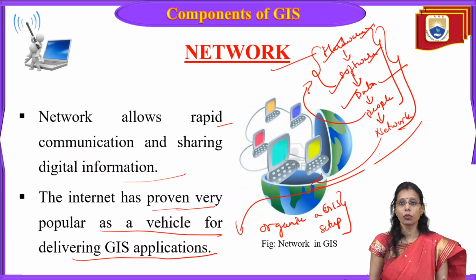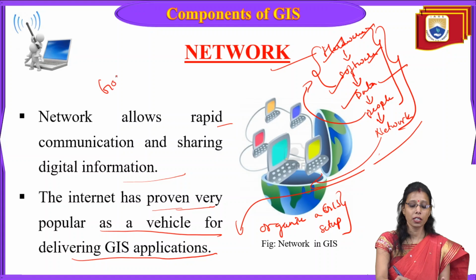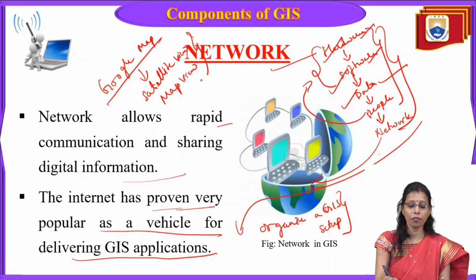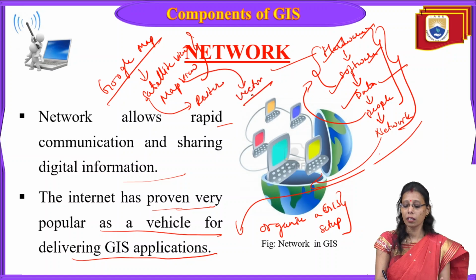Like we have seen Google Map. In Google Map we have two types of view: one is satellite view and another is map view. So these are two types of data. The satellite view is called raster and the map view is called vector. Who is viewing this information? People.